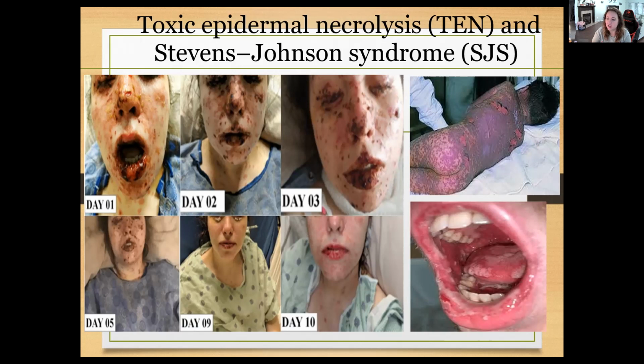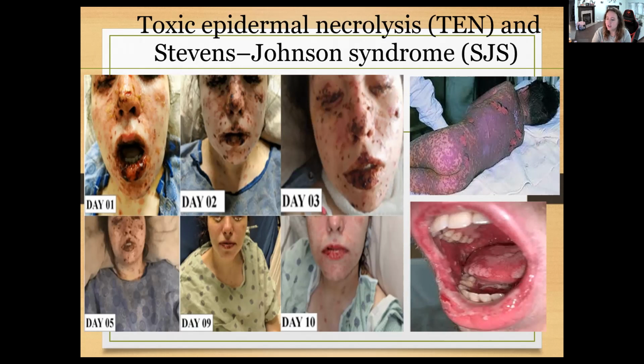Anti-gout, anti-seizure, antipsychotics are the most common culprits for this. Some specifically: allopurinol, Tegretol, Dilantin, meloxicam, Zoloft, and sulfa antibiotics. Those are really common ones that can cause this.